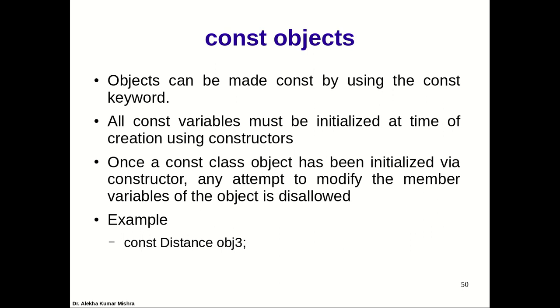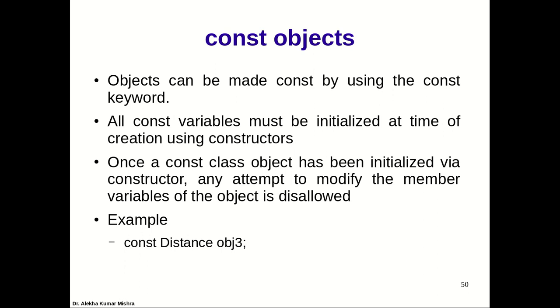Those values are generally initialized via constructors, so whatever has been initialized is final, that is a constant. All data member values will remain fixed, like an object with fixed values. Any attempt to change any data member, using some member function or directly, will give an error. That is the objective of constant.